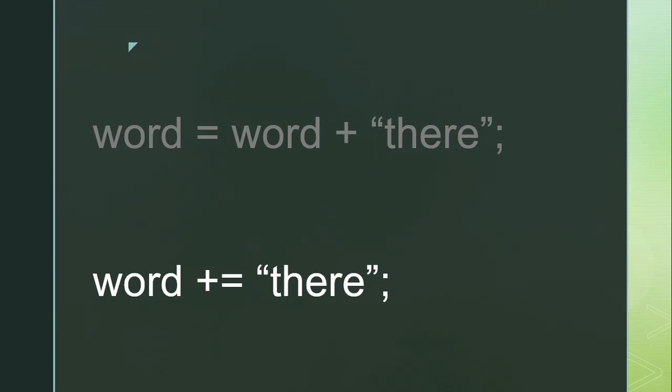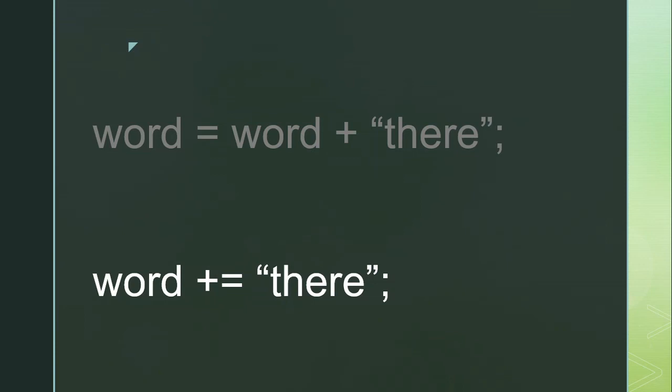There is one last thing I wish to talk with you about today. Since adding a value to itself, or in case of integers, subtracting, multiplying, dividing, or modulus, is used very often, there is a shortcut to use it. In the first line, you can see the original expression: word equal to word plus there.